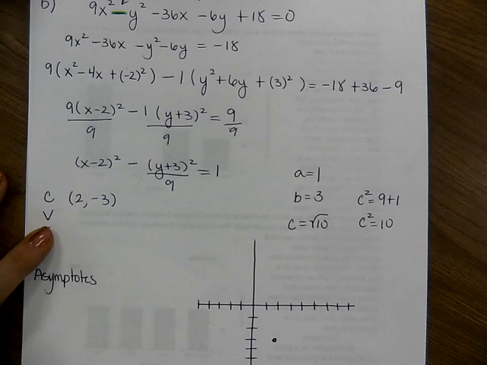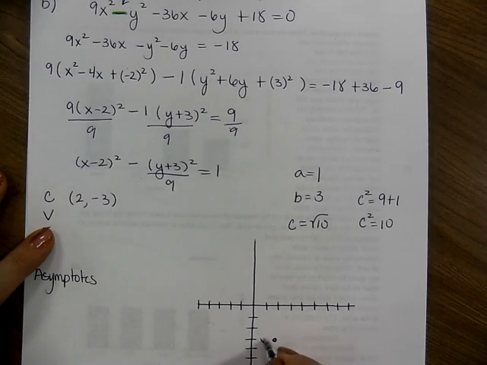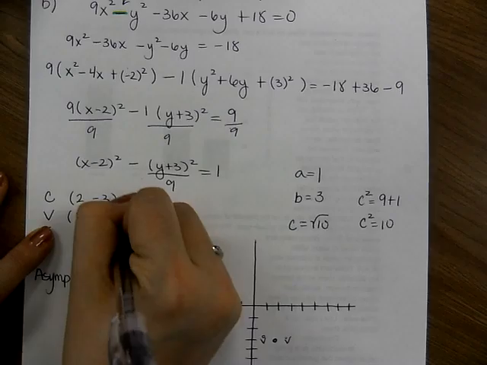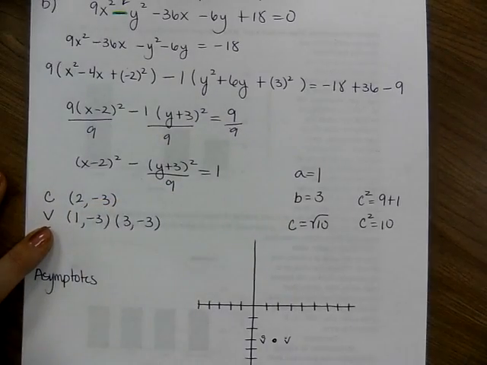Okay, I have vertices a distance of 1 away. Do I count left or right, up or down? Left and right, because this is horizontal. Okay, so that's going to put these at 1, negative 3, and 3, negative 3.